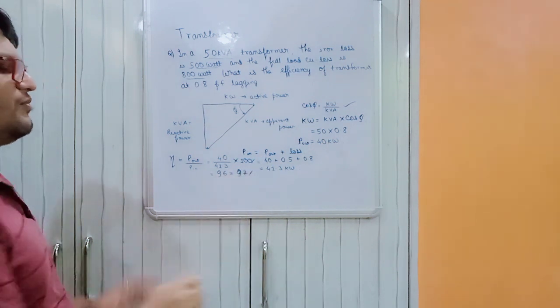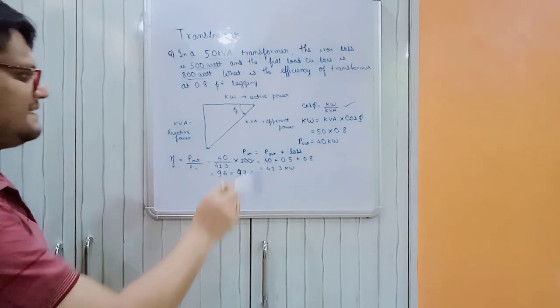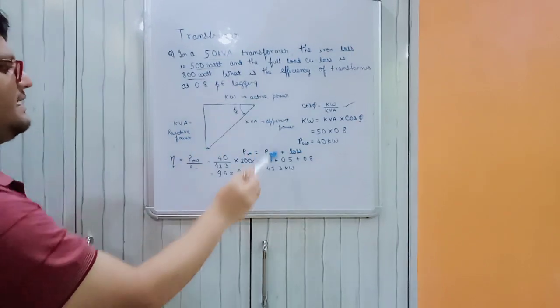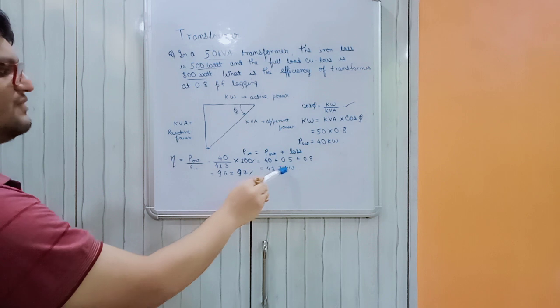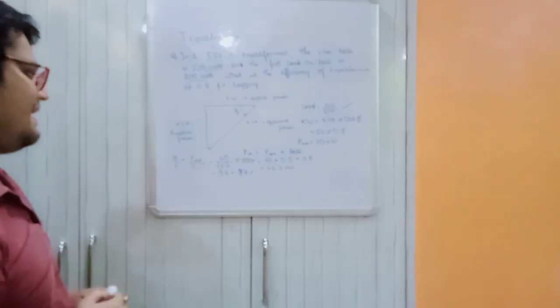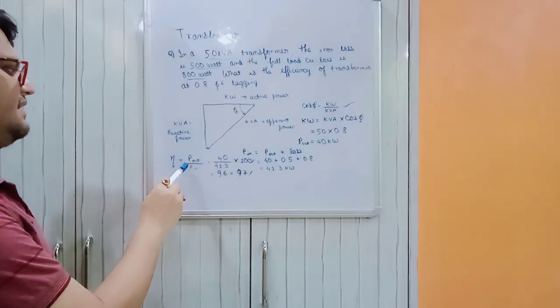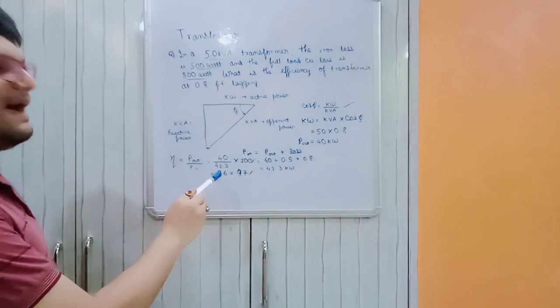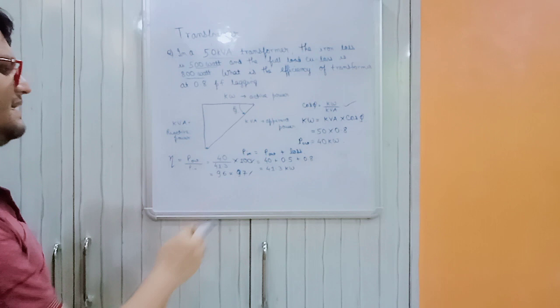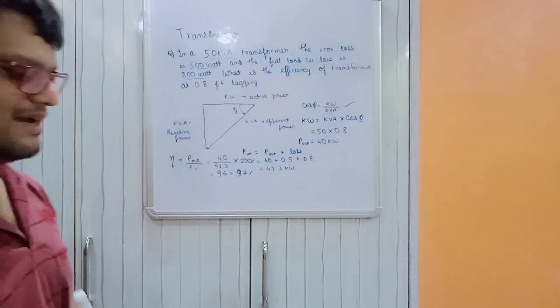Input power is output plus losses, the iron loss and the copper loss, which is 41.3 kilowatt. We calculated the efficiency as P out by P in, and it comes around 97%. I hope you have understood.